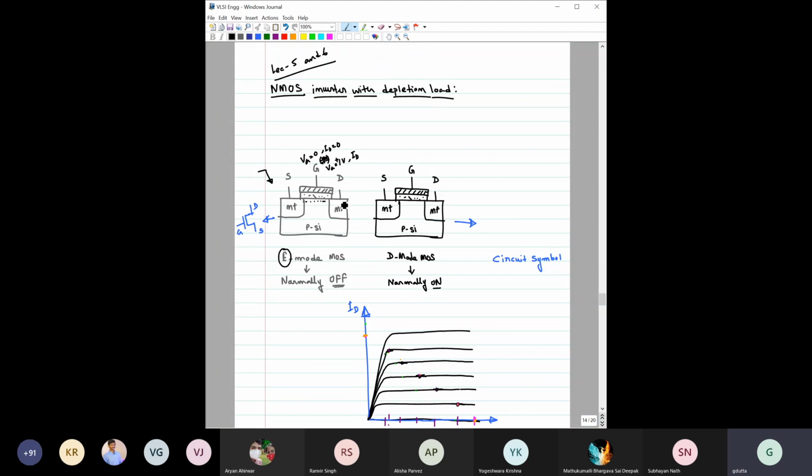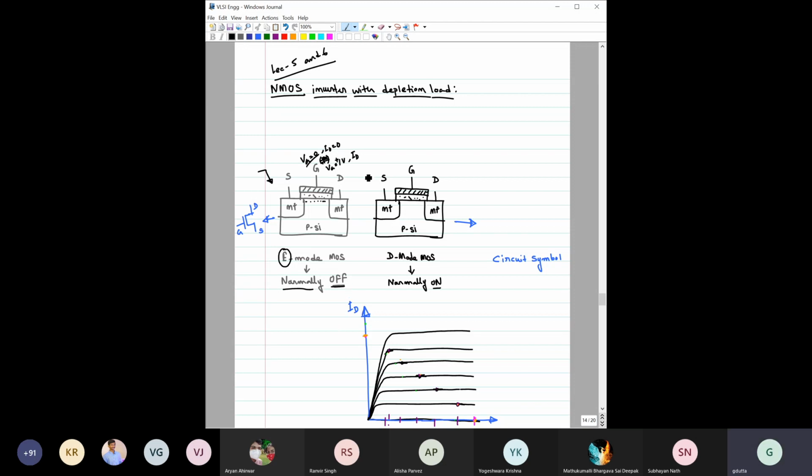I am assuming that you have kept Vd at a constant value. One thing you have clearly seen: when you have applied Vg equal to 0, that means no voltage applied, the transistor is in an off state. That is referred to as the normally off condition, meaning when no gate voltage has been applied, how the transistor behaves. So it is normally off behavior.